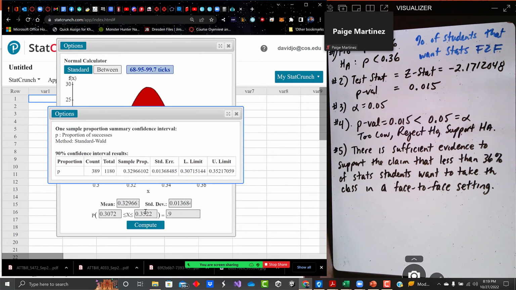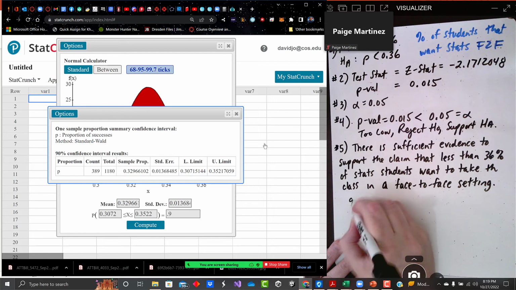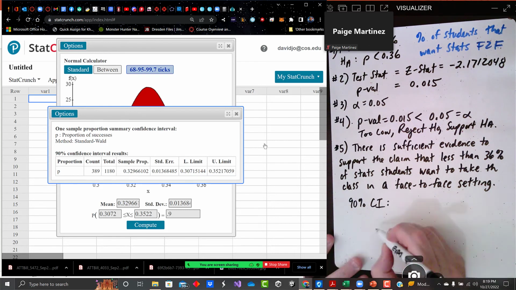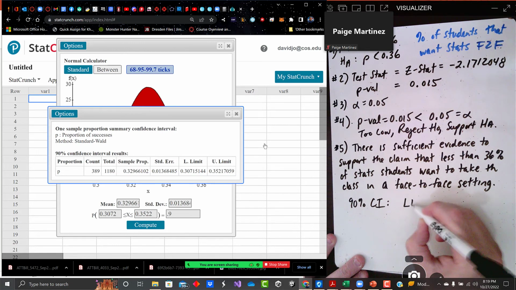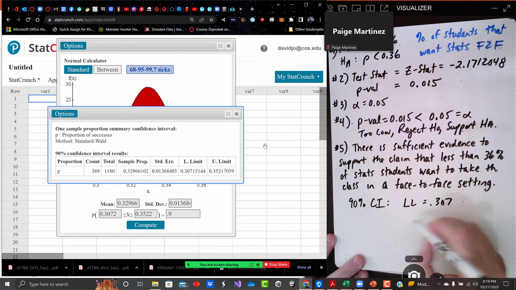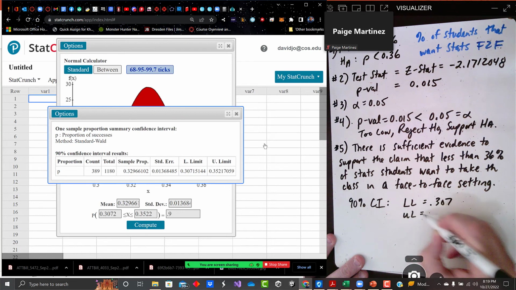Well, we see that right here in the normal calculator. But the important thing to note for a 90% CI, which is what matches this, the lower limit is 0.307. The upper limit is 0.352.